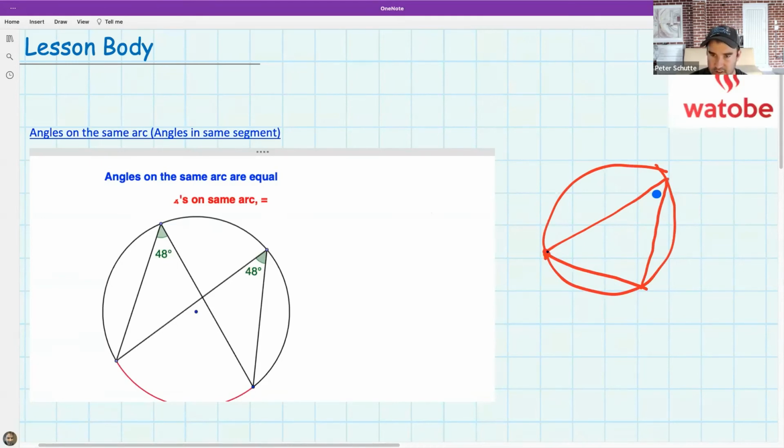But if you use the same chord or same arc and you draw an angle like that, those two angles are called angles in the same segment because they literally are in the same segment, which is over here. It's that part. I know this is looking a bit like a scary monster or an unhappy octopus or something, but these are two angles in the same segment, and these two angles are at the circumference.